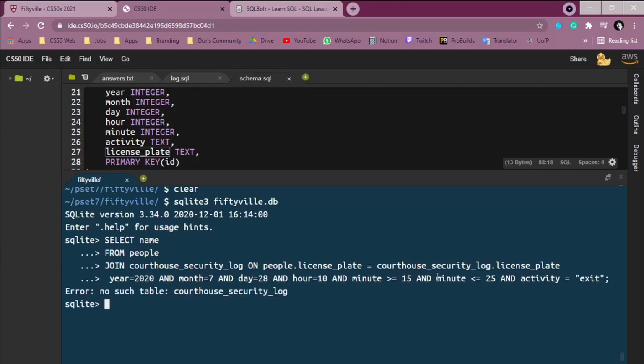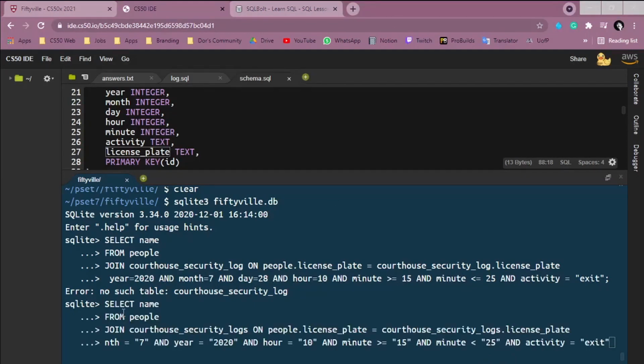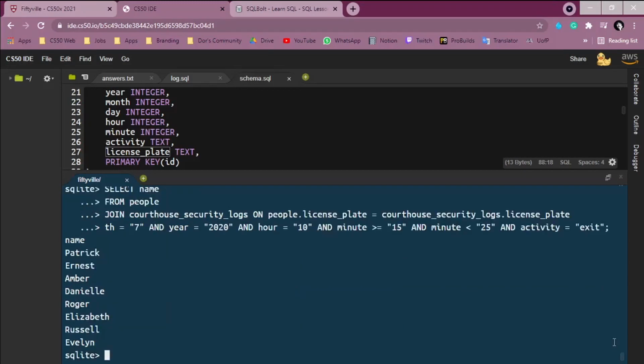And when we click enter, we're going to find out. Let me just remove this bug in here. So basically I miswrote here courthouse security log, but it's courthouse security logs, okay, and then we can click enter, and we're going to have the names of some suspects.